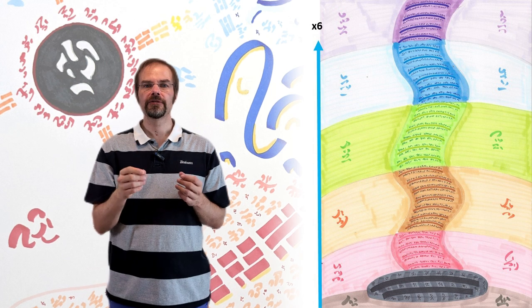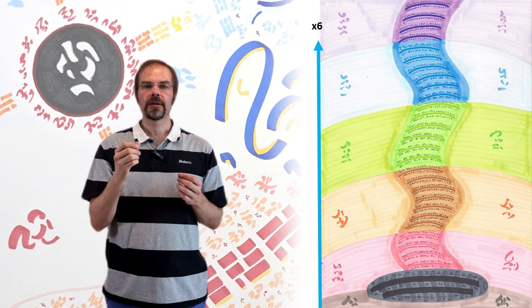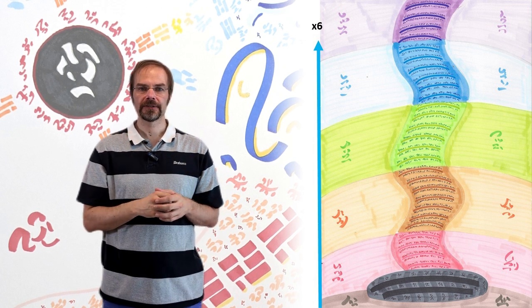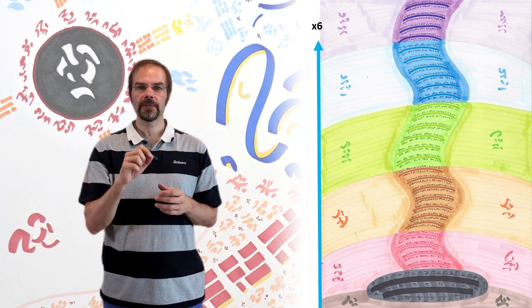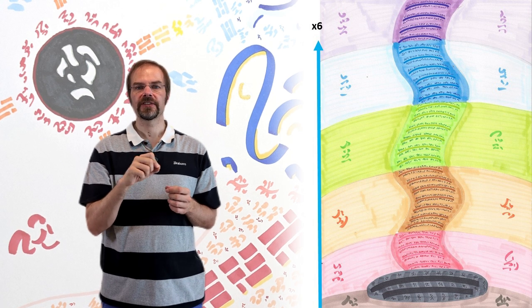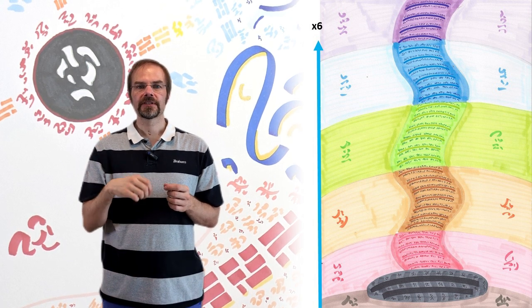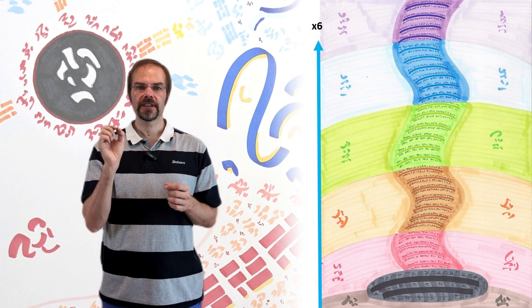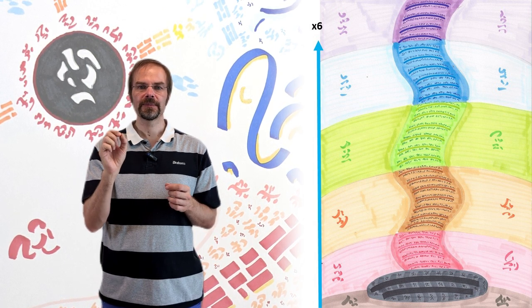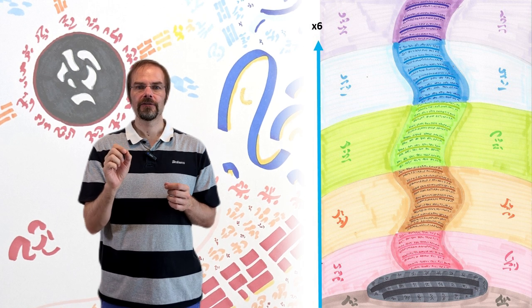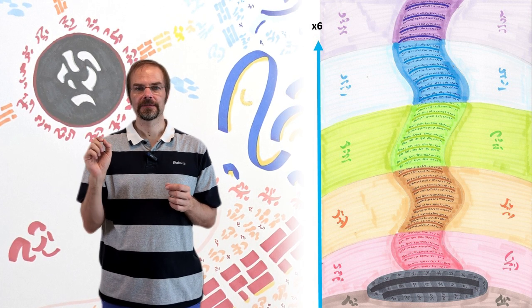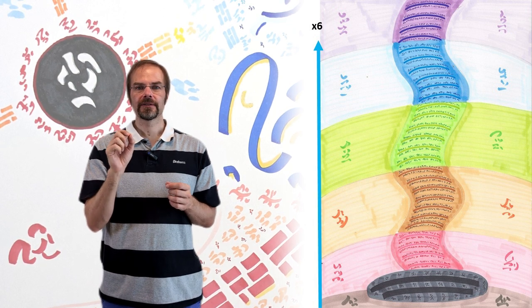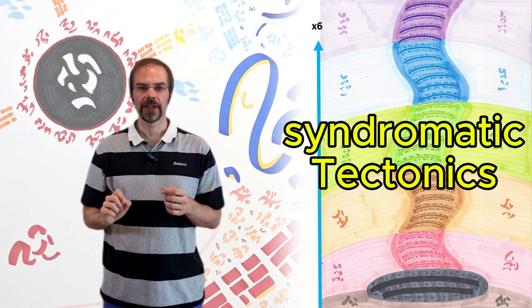This will become more clear if we apply this concept to the description of physical processes, most of all elementary particles. In time, an elementary particle changes from one state into another. This can be its energy or its momentum. Its state in each moment of its existence is described by one specific syndrome within its metroplex. And that's why Heim called this graduation the syndromatic tectonics.